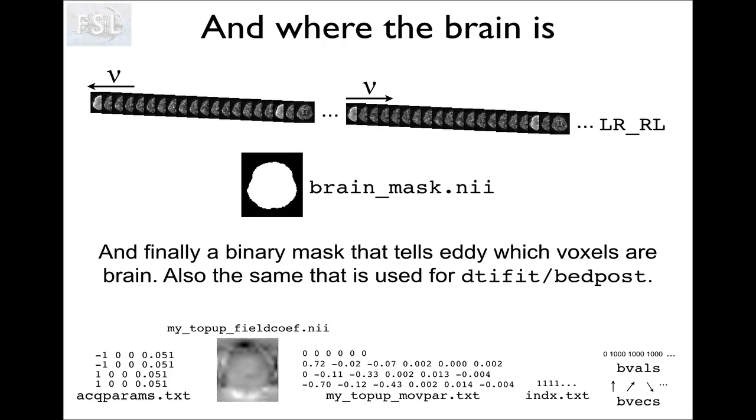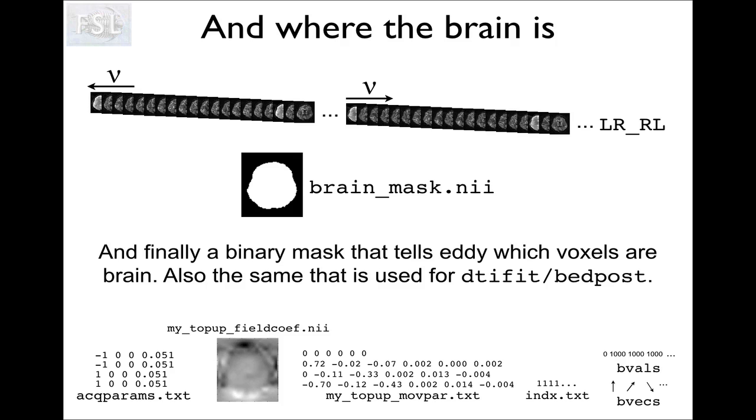If that brain mask isn't fantastic, it doesn't really matter, because all that EDDY needs it for is to know roughly where the brain is in order to pick a representative collection of voxels from which to estimate the hyperparameters for the Gaussian process. So again, it's not super critical.